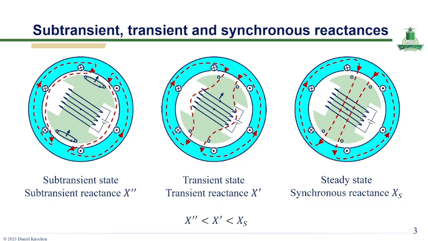Immediately after a fault, the generator operates in the subtransient state with the lowest reactance, x double prime, followed by the transient state with the reactance x prime. Here you can see x prime and x double prime, and finally it reaches the steady state condition characterized by the synchronous reactance xs.